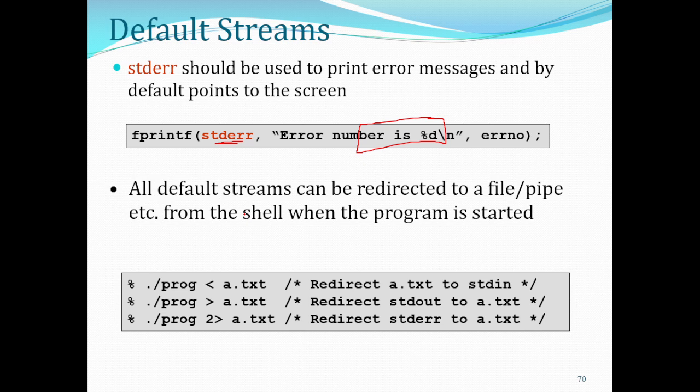In Linux and Unix, you will see in the future, when we run a program and type something like this, it means we will read this file and then send it to our program. Okay.